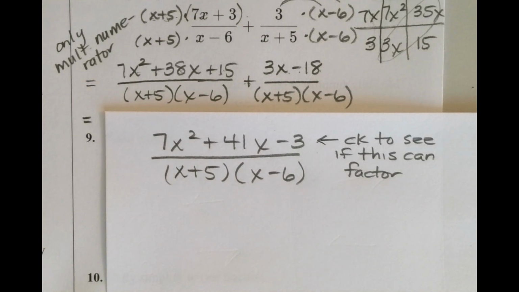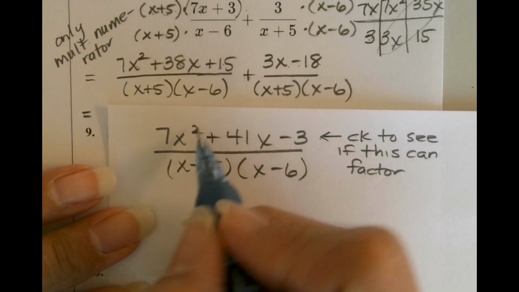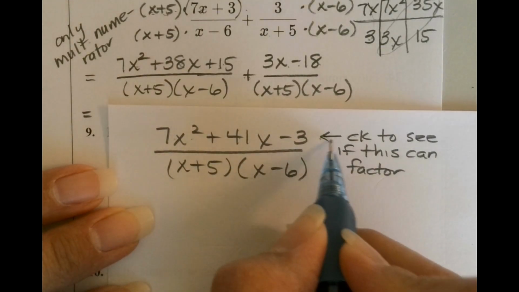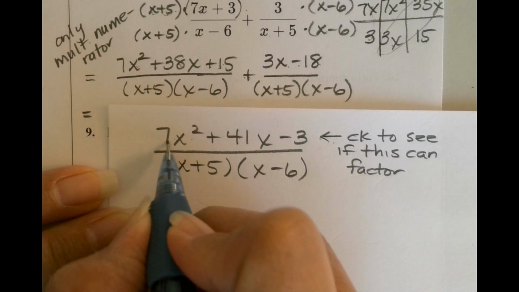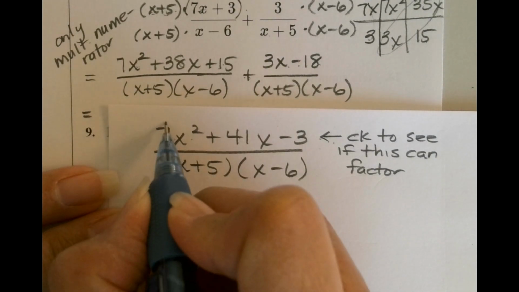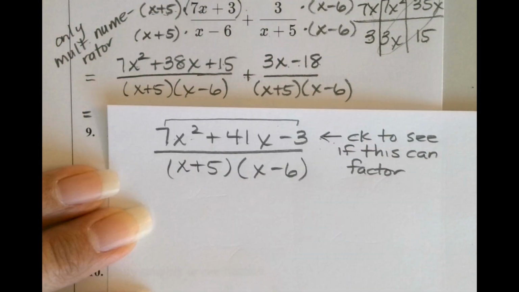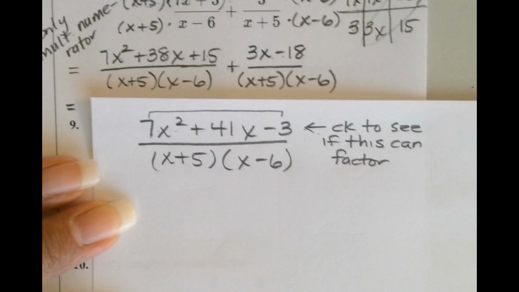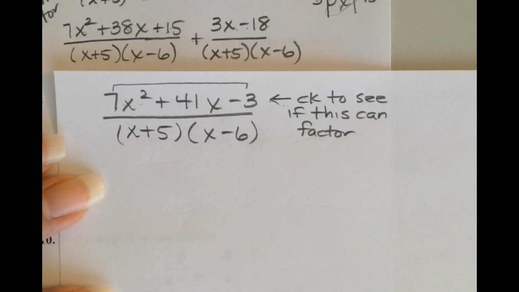In this particular problem, it's not going to factor. How do I know this? Well, you guys have a trinomial. When a is not 1, you multiply 7 times negative 3, and you get negative 21. And notice what happens.